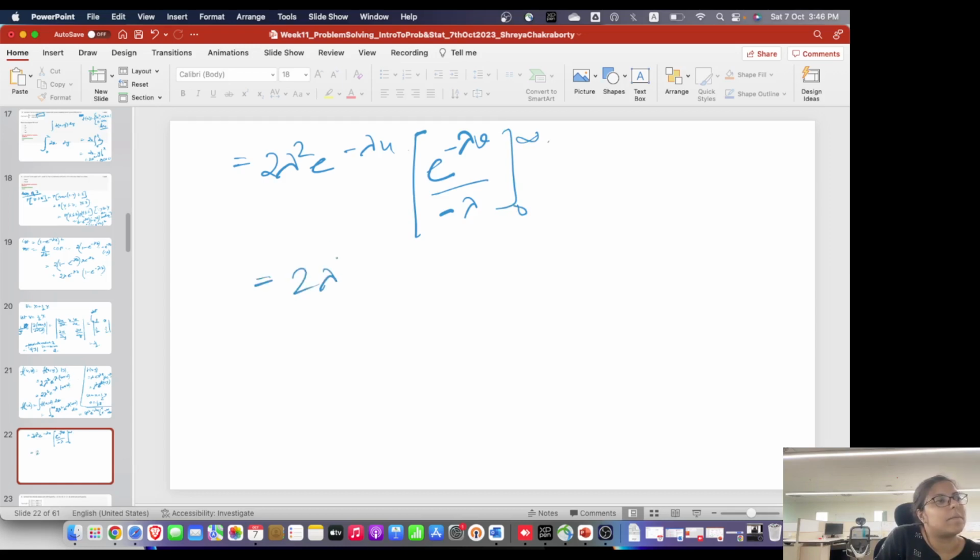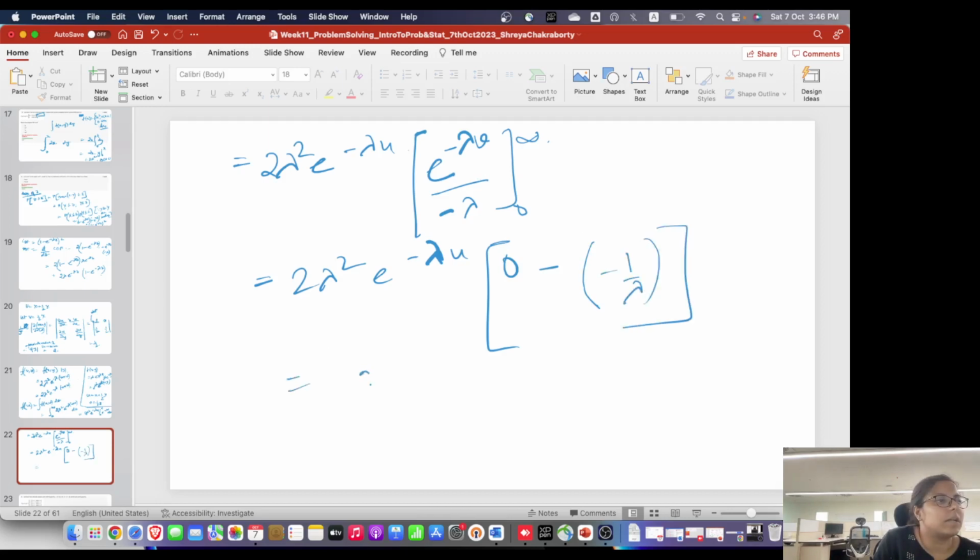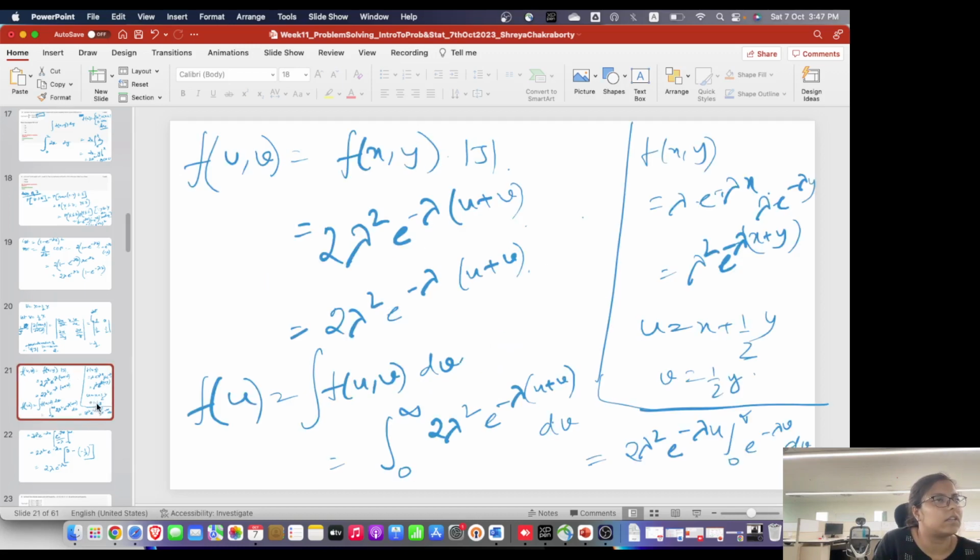So this will be 2 lambda square e to the power minus lambda u, this will be 0 minus of minus 1 by lambda. So ultimately we have 2 lambda e to the power minus lambda u as the PDF of x plus half y. But it shouldn't be there, it should come as 1.